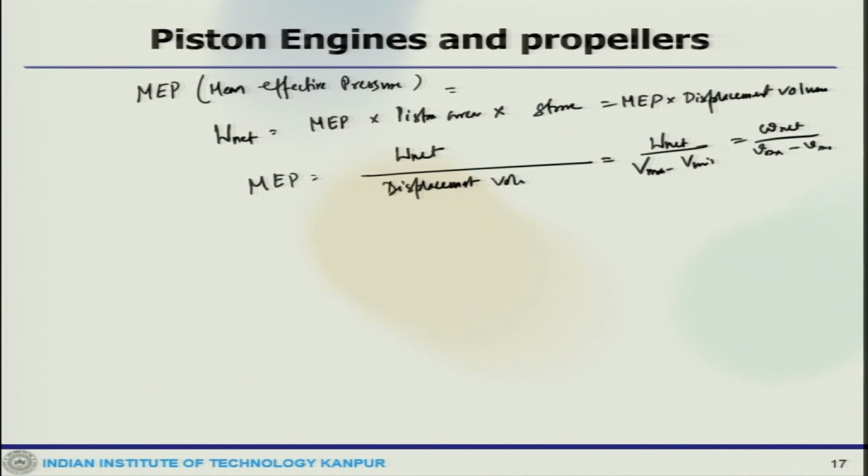So, one can see in a PV curve like this, where let us say these are the two ends. So, the cycle lies there.